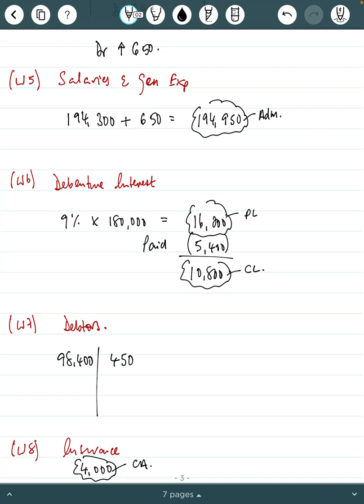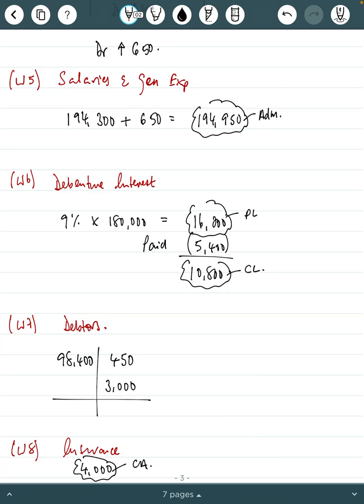All right, so working 7. Now the debtors are going to reduce by an additional 3,000 euro. Okay, that's the last entry for debtors. So what I can do now is get the balance.